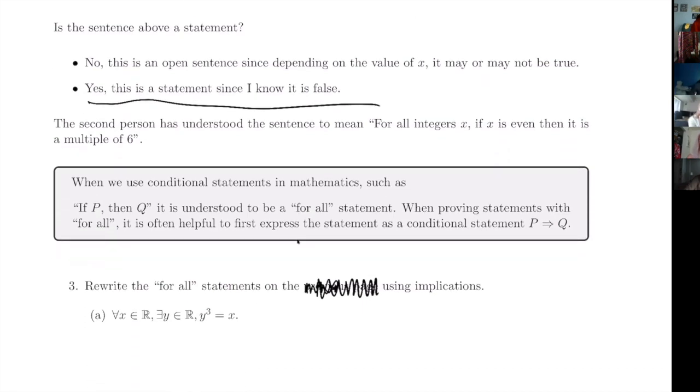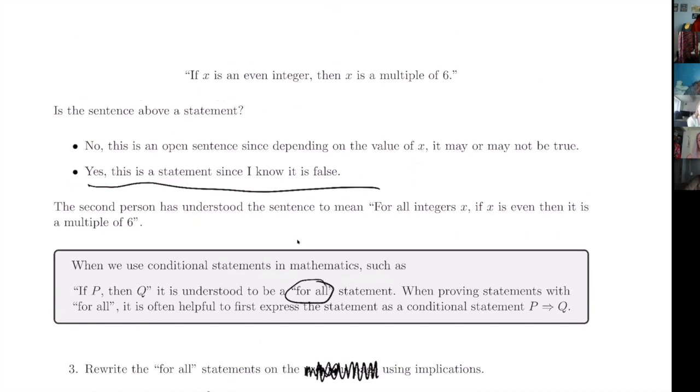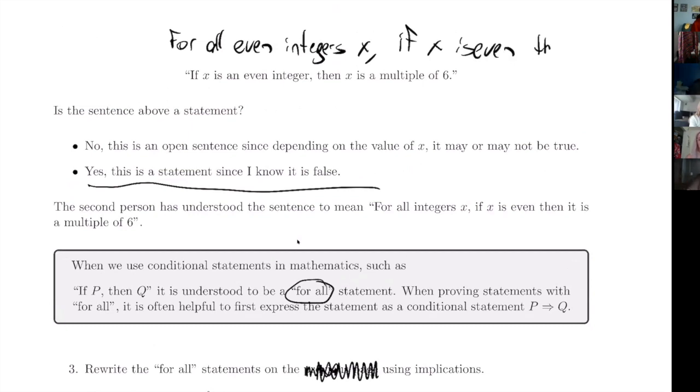So yes, so when we state these things, what we really mean here is for all even integers x, if x is even, then x is divisible by 6, which is the same thing as saying a multiple of 6. So we really are talking about all such values.